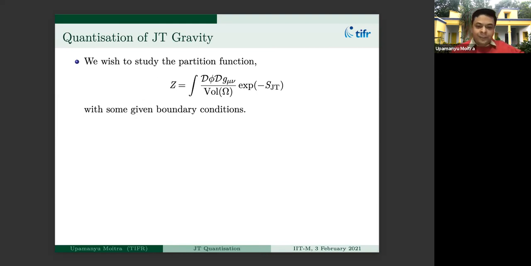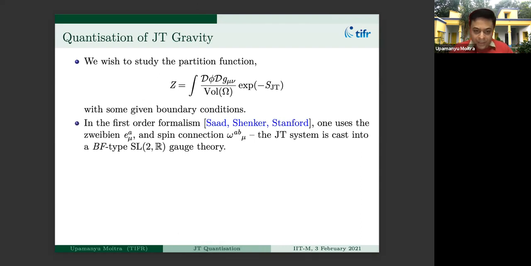Obviously, we should not sum over the same configuration. And this is obviously the JT action, and this, I should say, also includes the topological term. And we wish to study this partition function with some given boundary conditions.